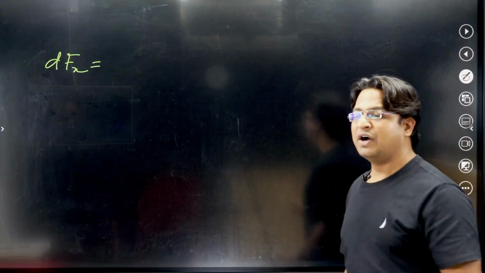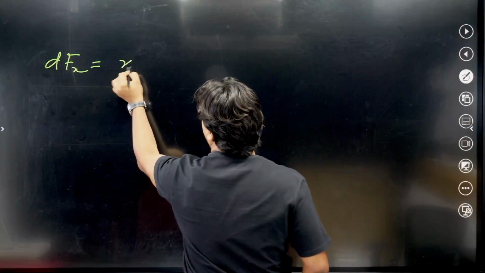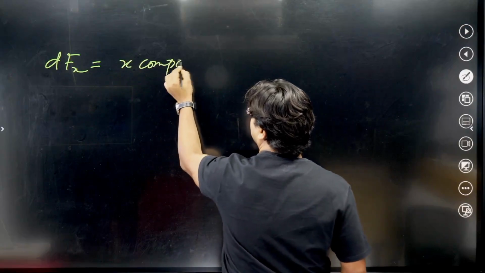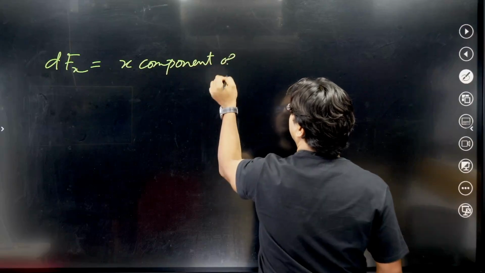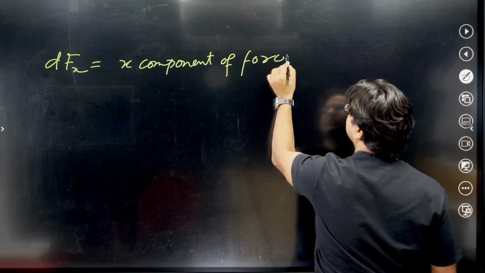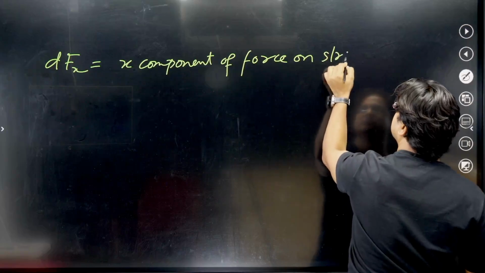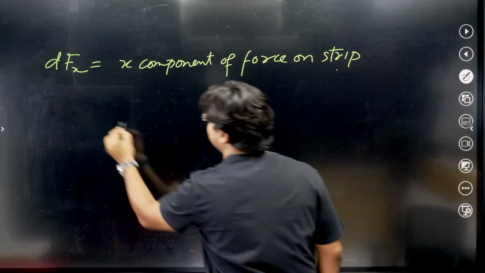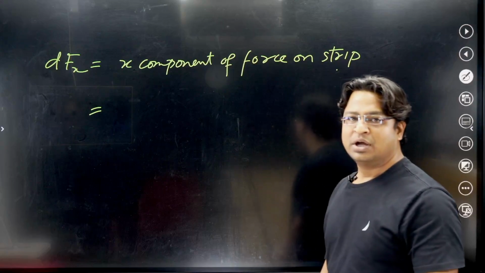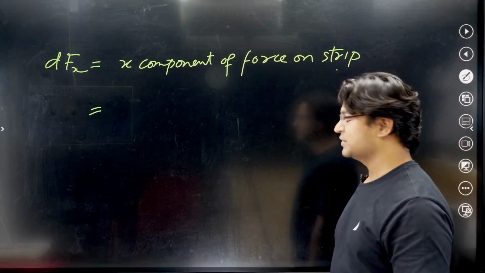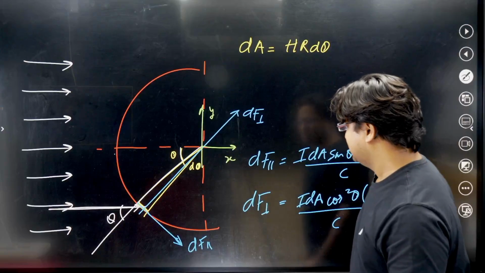This is the x component of force on the strip. So how to write this x component?